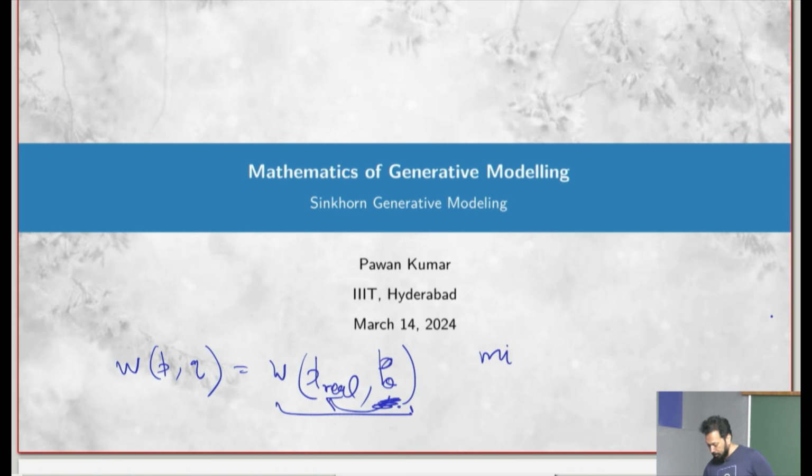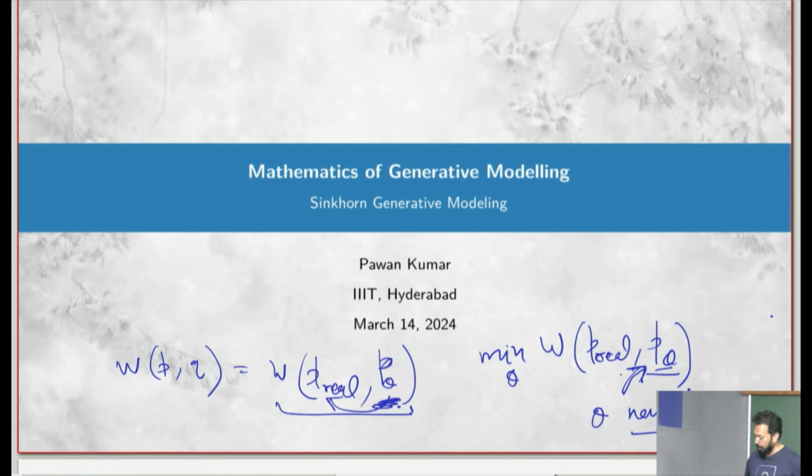So essentially this becomes min over theta of W(P real, P theta), and obviously P theta, where theta is a parameter of the neural network. That's what is happening everywhere these days. Neural networks are used wherever you can.